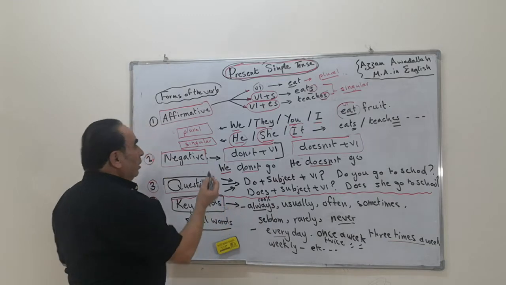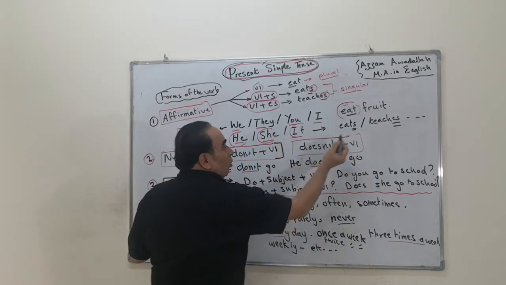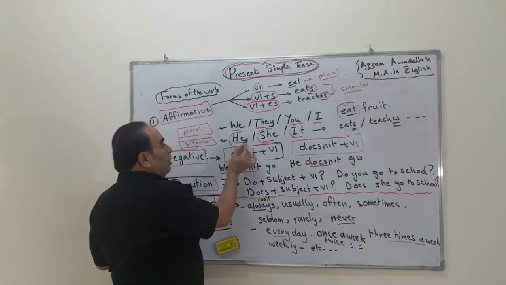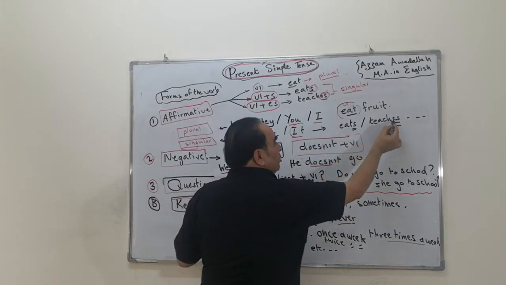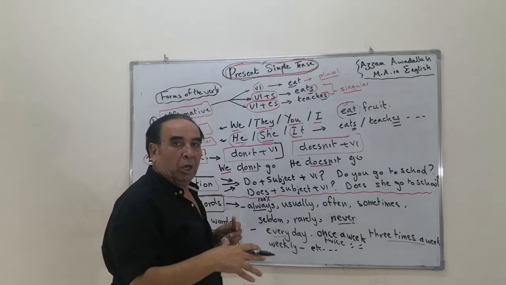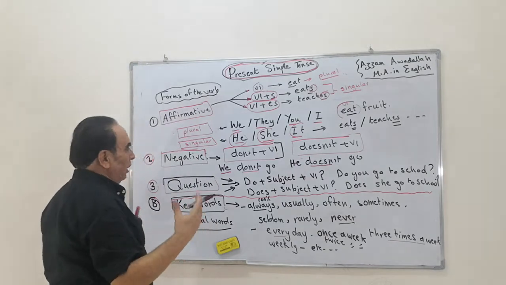But he, she, it eats or teaches. So when we use the singular he, she, it, we add s to the verb and sometimes es because the verb ends with ch, sh, x, o, or z.